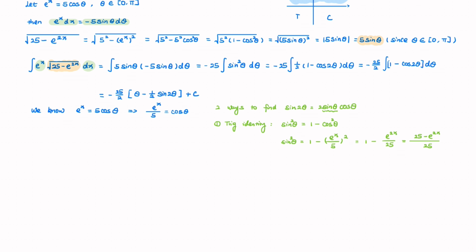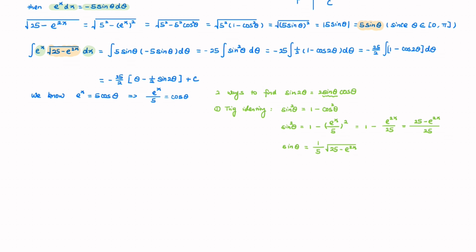Looks kind of complicated, but that's okay. And then sine theta is going to be the square root of that, so the square root of 25 minus e to the 2x, over 5.